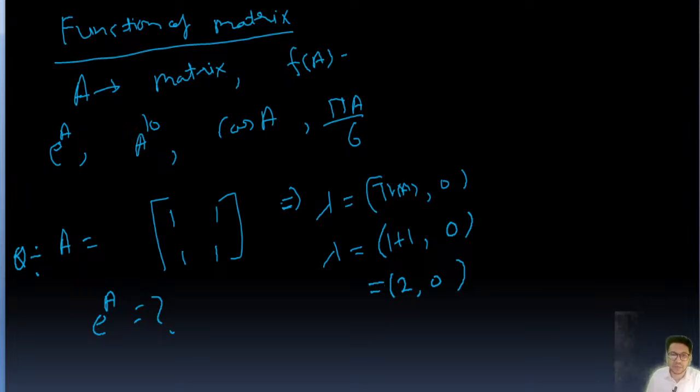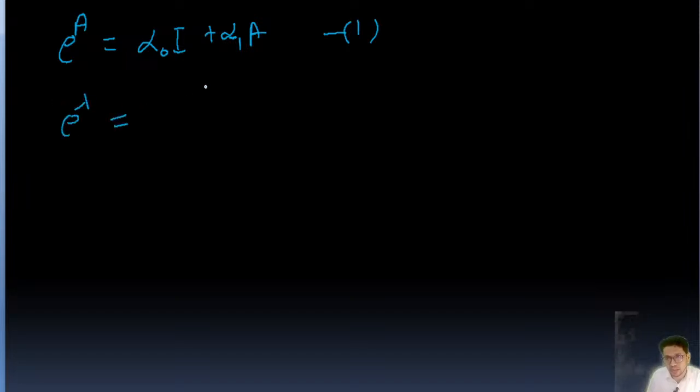After finding the eigenvalues, we'll write e to the power A equal to alpha naught I plus alpha 1 A. This is equation number 1. Similarly, we can write e to the power lambda equal to alpha naught plus alpha 1 lambda.